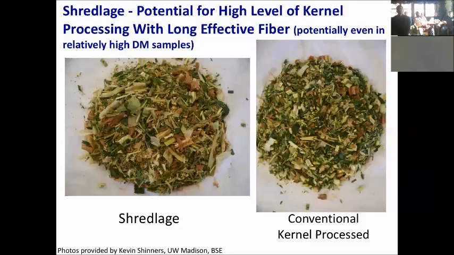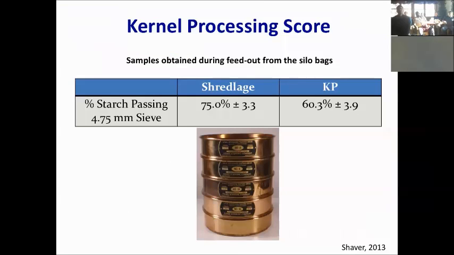Also, there's data. This is some of Randy's early data, and if you go on the web, you can probably find his most recent data, where he's got summary data from 50 or 60 or 70 farms now that show shreddlages with very high processing scores compared to kernel processing.